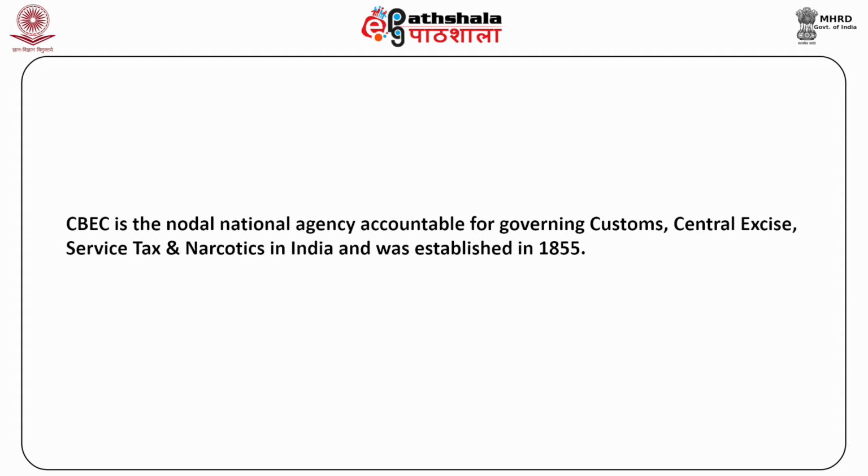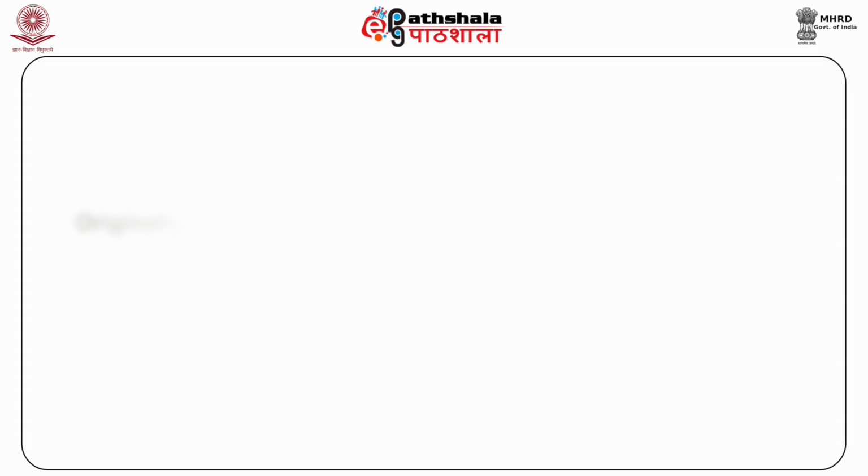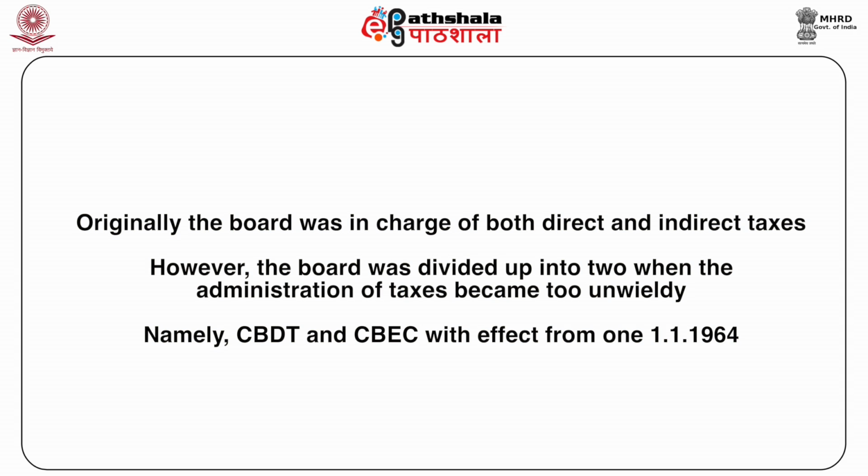The Central Board of Revenue, as a department's top body charged with the administration of taxes, came into existence as a result of the Central Board of Revenue Act 1924. Originally, the board was in charge of both direct and indirect taxes. However, the board was divided into two when the administration of taxes became too unwieldy, namely CBDT and CBEC, with effect from 1/1/1964.